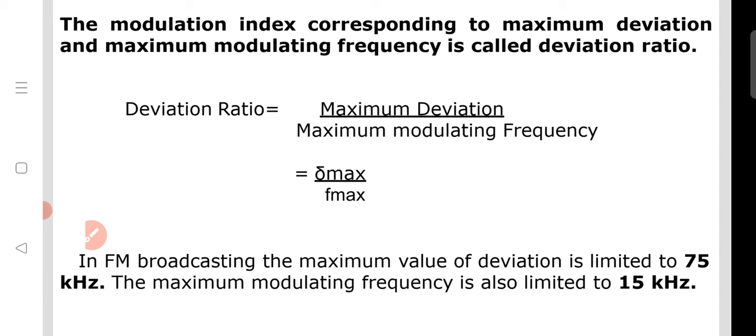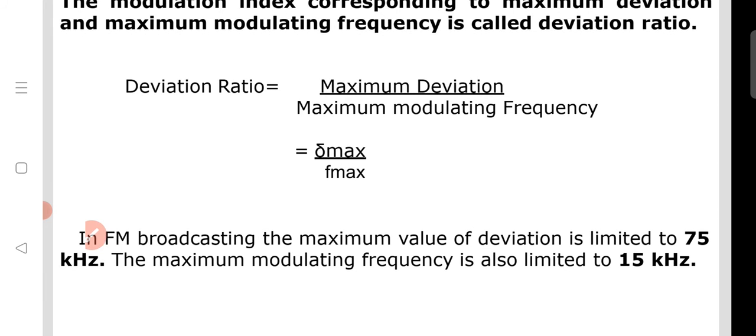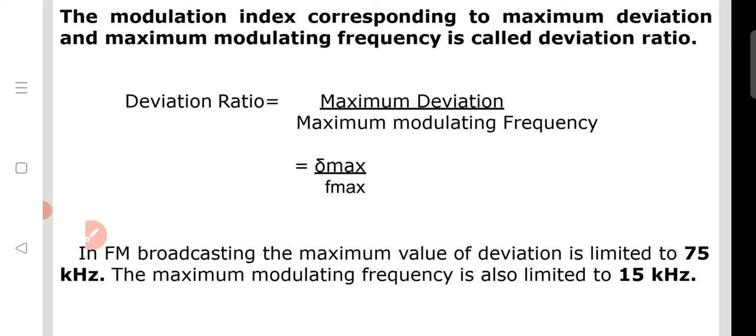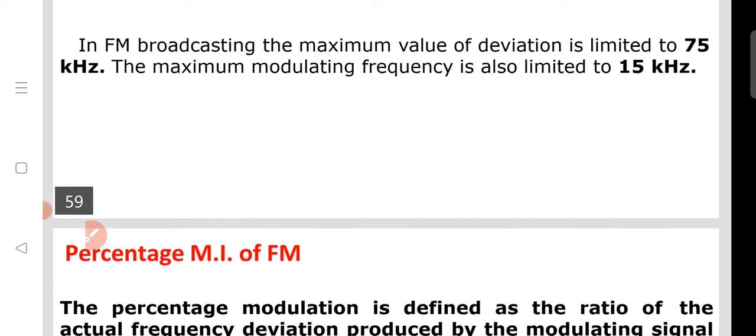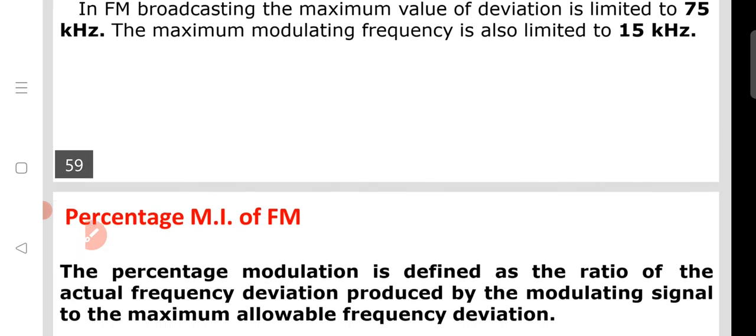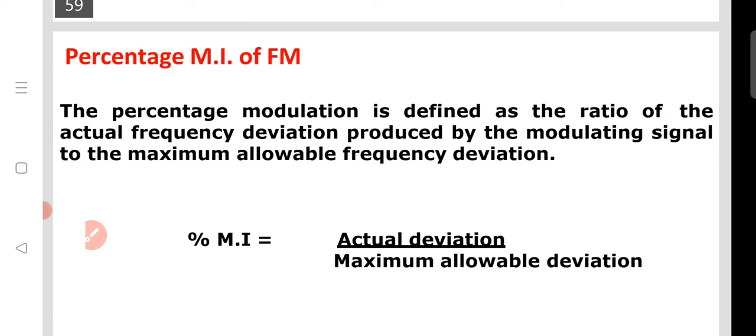In FM, the maximum possible deviation is limited to 75 kilohertz, and the maximum modulating frequency is limited to 15 kilohertz. Just remember these two points.